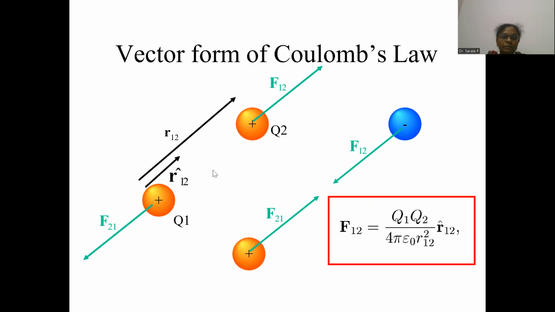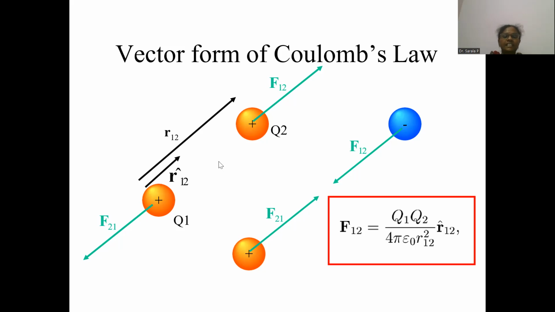So now both of these are positive charges, right? So both are positive charges, so the force will be a repulsive force. See, the force is moving over here and this force on Q2 is moving over here. So the distance between them is R12.